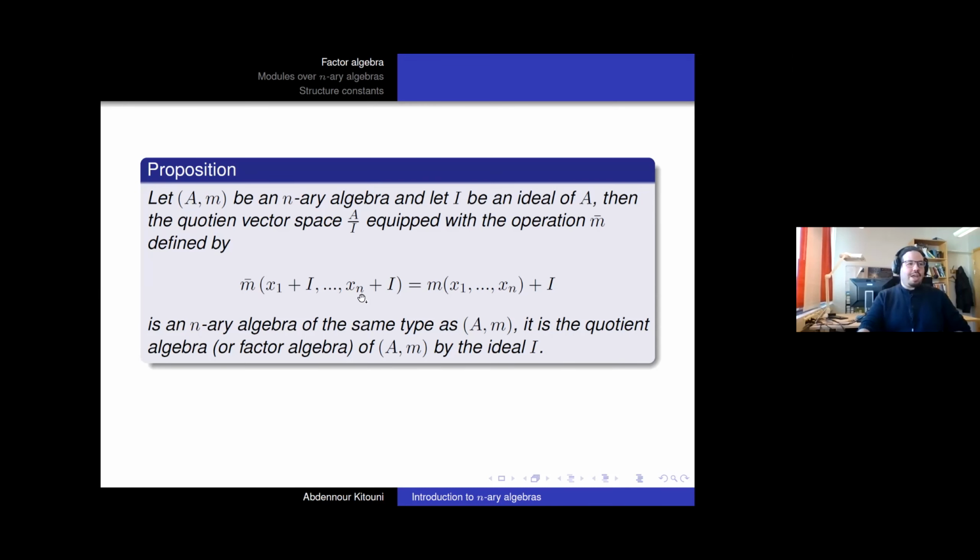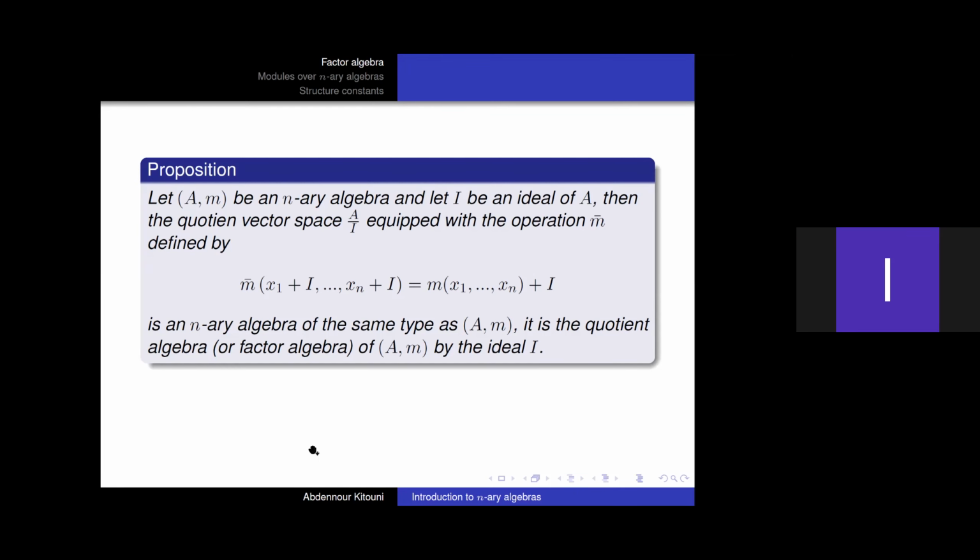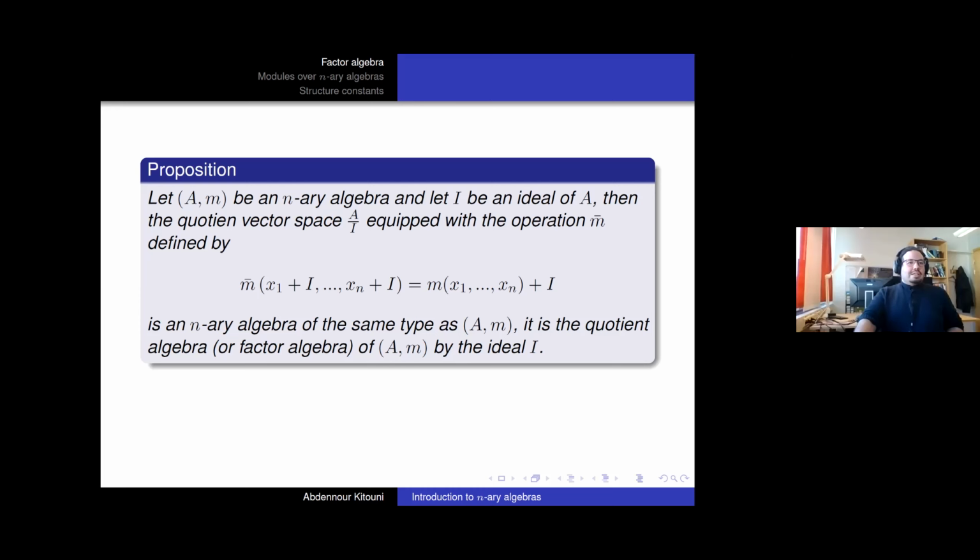That is Mbar of n equivalence classes is M of their representatives plus I. So now what I need to prove is that this definition makes sense, that this Mbar is well defined.